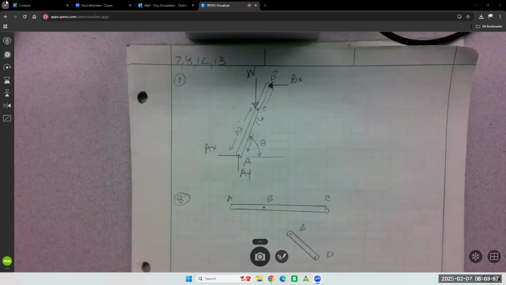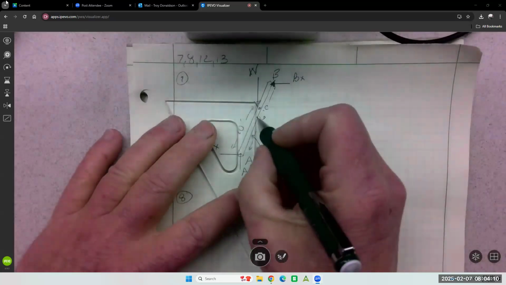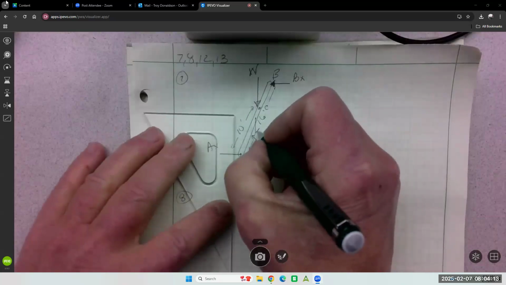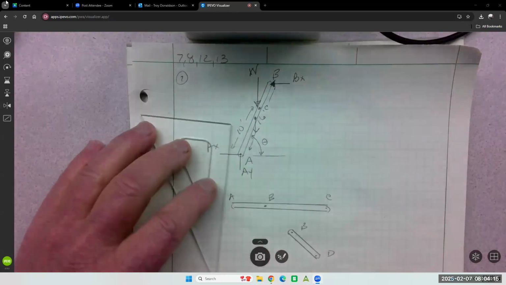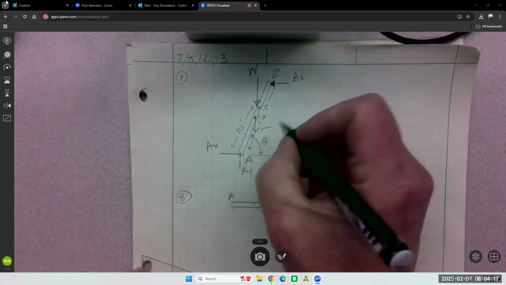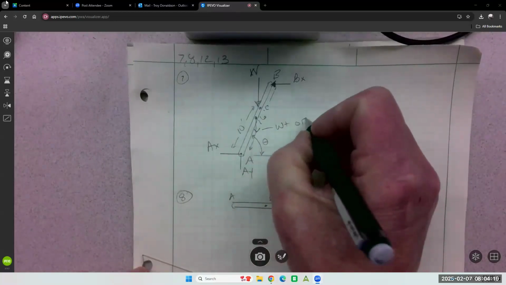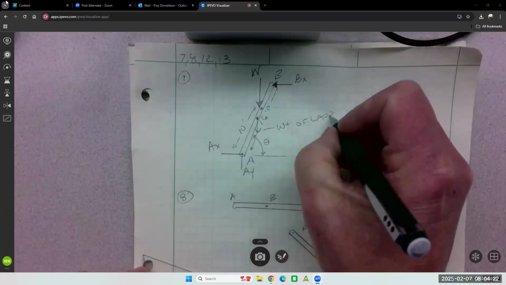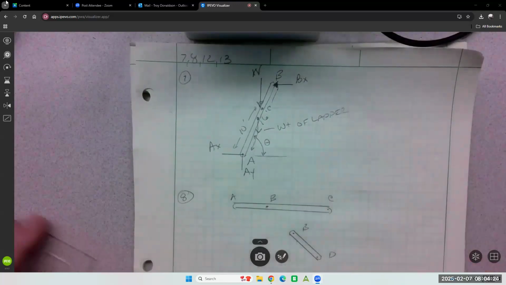Okay. Assuming the weight of the ladder is acting at its center of gravity, sketch the diagram. So really it should have in a weight acting down, the weight of the ladder at the halfway point. The weight of objects always goes in at the geometric center.